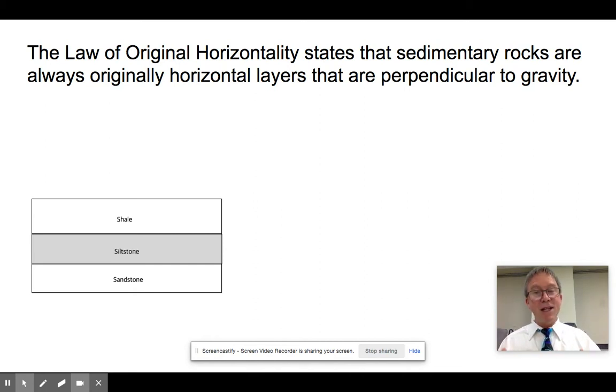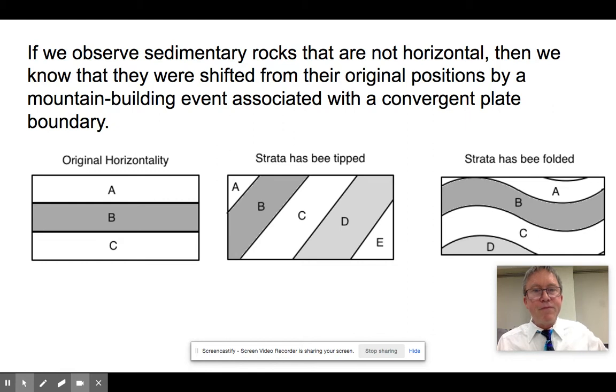But they don't necessarily stay that way, because once they become rocks, tectonic forces can tip them, bend them and fold them. So I know that these rocks A, B, and C, and as we go deeper, D, E, F, whatever, were laid down horizontally. Here's my youngest one, here's my oldest one.